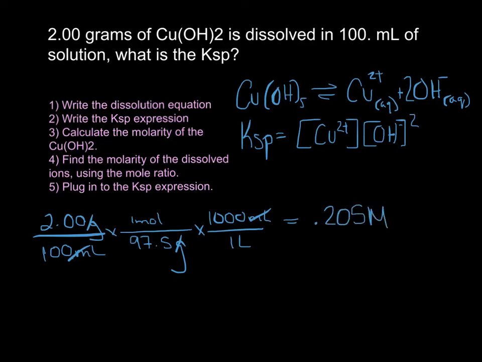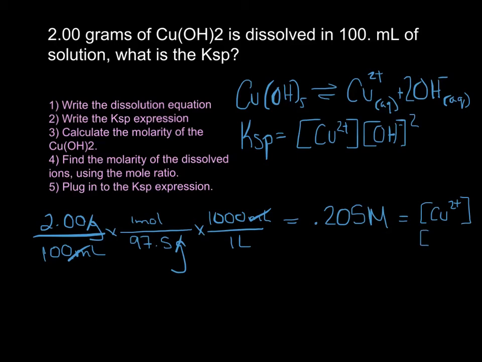Now, we know that that is equal to the molarity of the amount of copper hydroxide that dissolves. The amount of copper hydroxide and the amount of copper ions are in a 1-to-1 ratio because there's 1 copper ion for every 1 copper hydroxide.